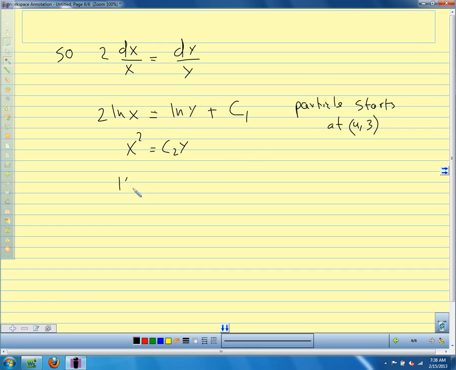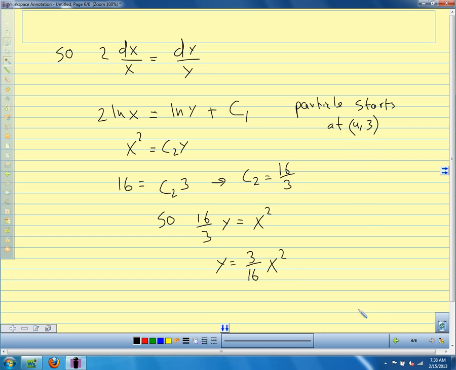So 16 equals C2 times 3, and I get C2 equals 16 thirds. Plugging this back in here, 16 thirds y equals x squared. Solve for y, I get y equals 3/16 x squared. And that's the path of our particle.